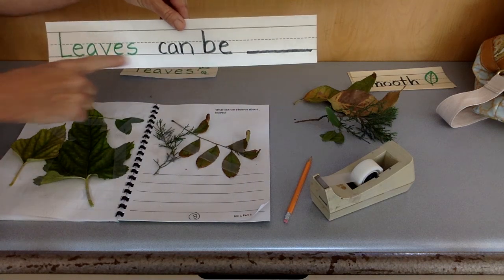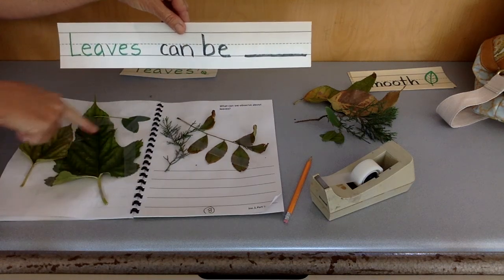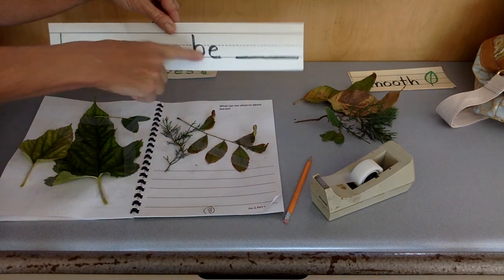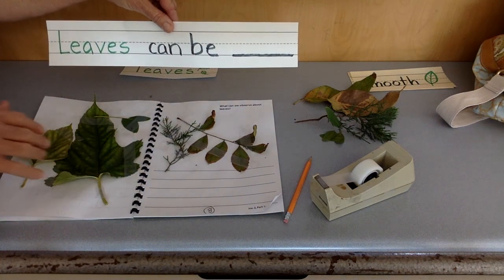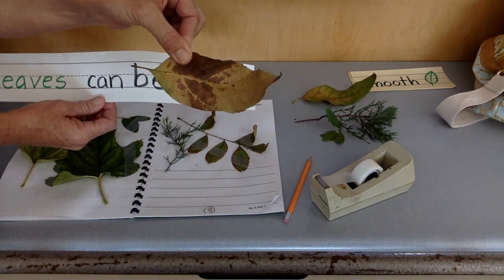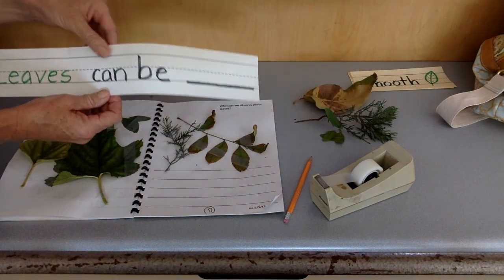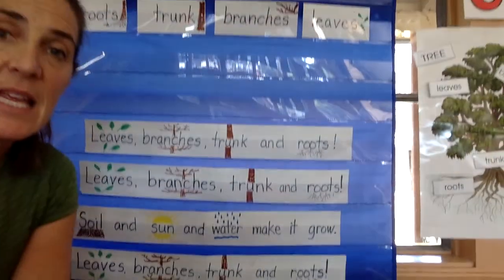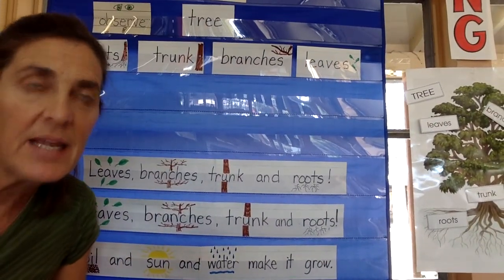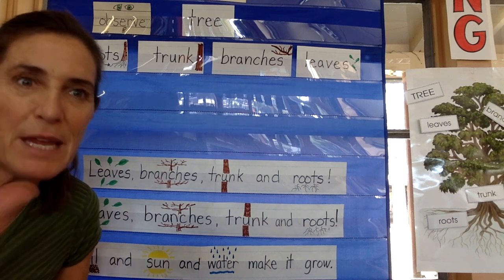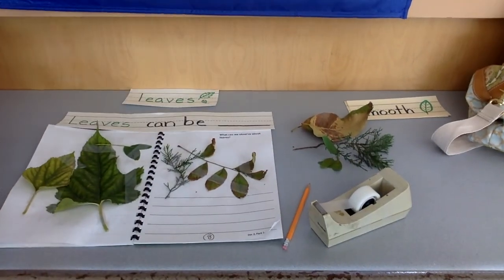Leaves can be big. Leaves can be green. Leaves can be brown. What are some other words you might think of? Leaves can be thin. Leaves can be wide. Leaves can be crunchy. Let's see what adjectives or words you can think of.